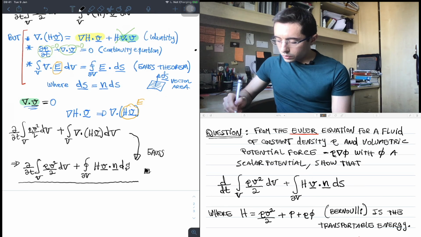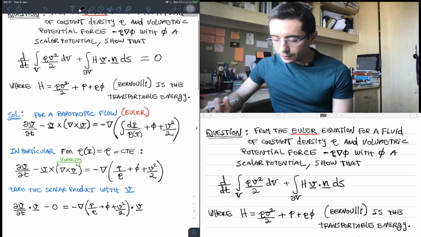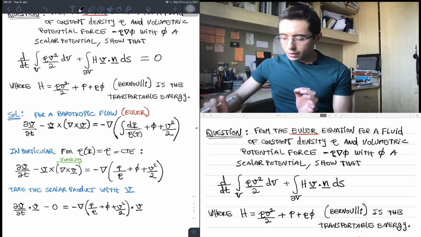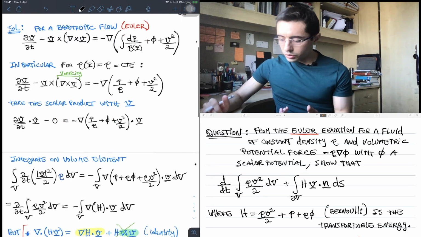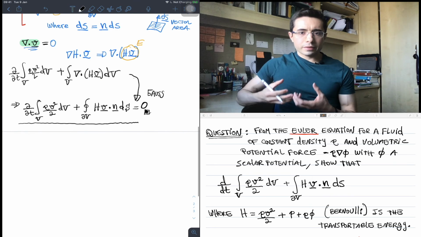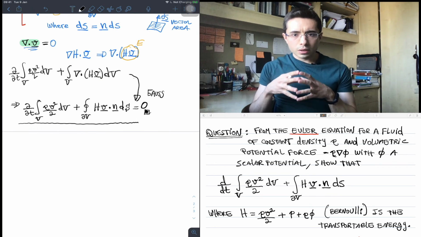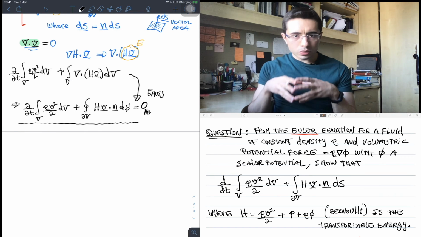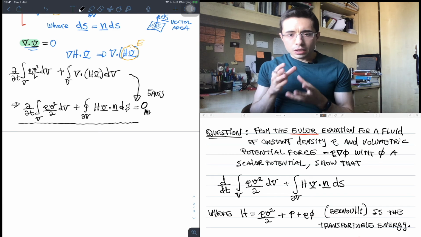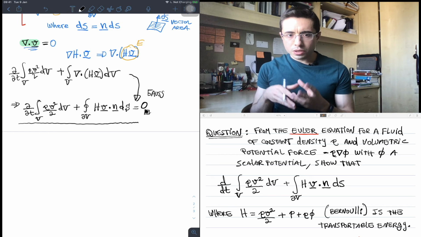That's equal to 0. As you can see here, that's equal to 0. And our final comment here is that this is called transportable energy. It can be transportable energy because we have d/dt, so it is the time variation of the sum over the kinetic energy of the fluid. So that plus something else is equal to 0.